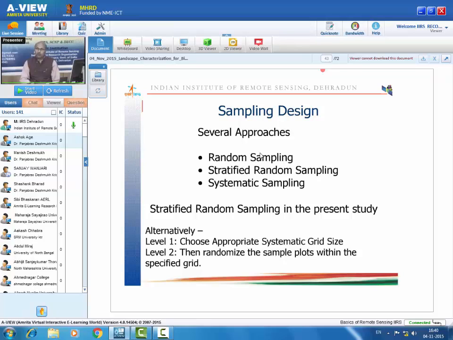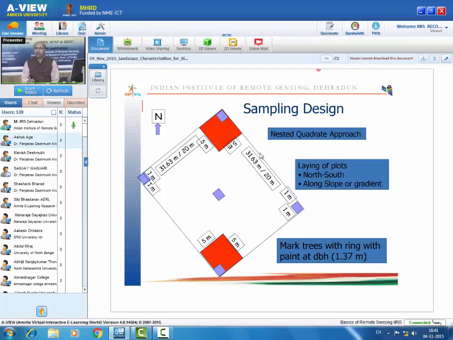All those things we have to quantify. And therefore, there are three approaches, like random sampling, stratified random sampling, and systematic sampling. When you use remote sensing, we always suggest using stratified random sampling, because it saves a lot of time. You don't have to search here and there. You can straight away go to the point and do the sampling. So these are the methods which normally are used.